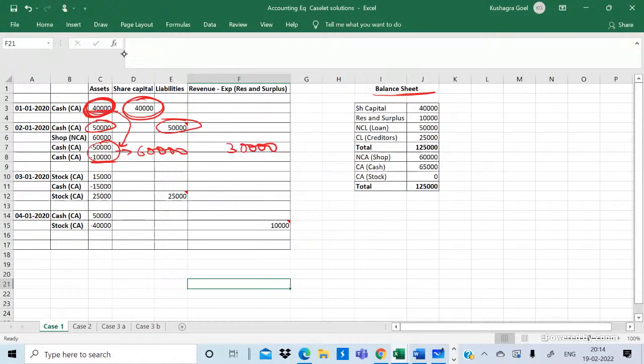This 40,000 you gave me on 1st of Jan, I have with me in my cupboard. I go to the bank and I take another loan of 50,000, but I need 10 more thousand. So I'll divert 10,000 and I'll use it over here. So on 2nd of Jan, I still have 30,000 in my cupboard. I'm just touching the cash. I'm not touching the share capital. Share capital is as it is. I'm still liable to pay 40,000 to my shareholders. Any further questions before we look at the balance sheet?